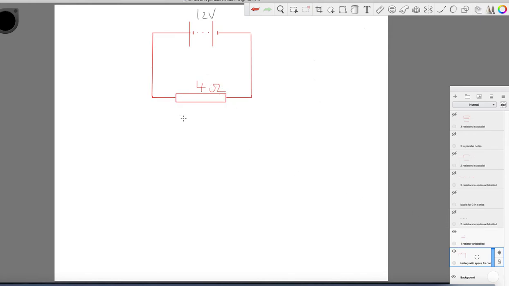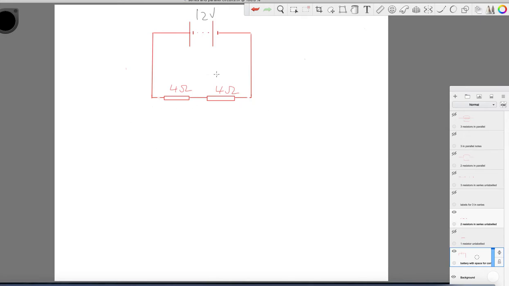It's easier for the current to flow in this one than in this one. Then the current in this one, assuming that they're both 12 volt batteries, the current in this one will be smaller.